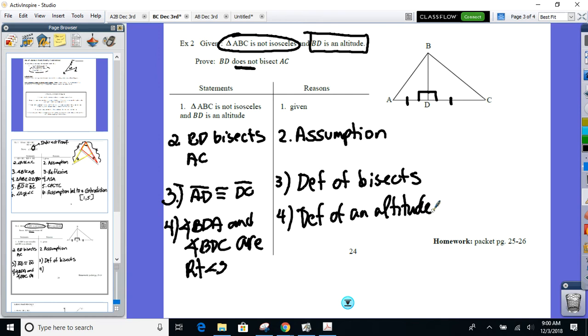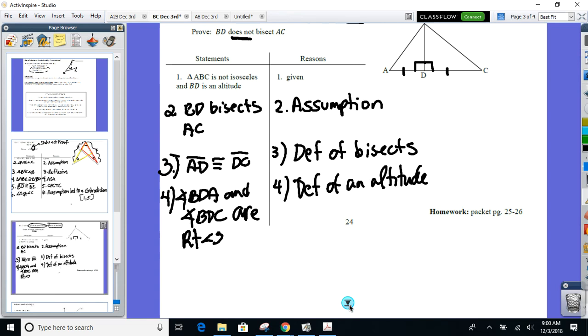Then what do I have to say about those right angles? They are congruent. Yep, this doesn't change. Right angles are congruent. Remember our goal, make it isosceles so that contradicts a given.